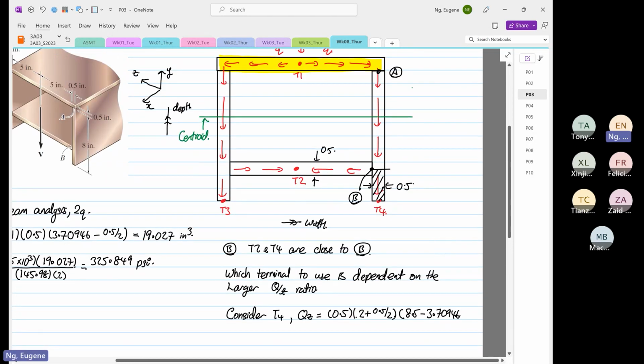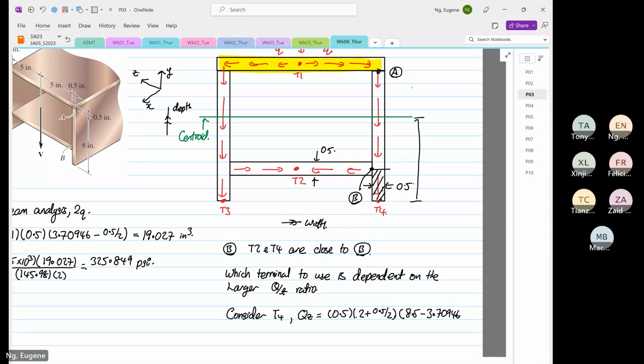So what we have done is we have found this distance over here, right? So the entire depth is 8.5, right? And then the centroid from the top, that's why we do the minus 3.70946, right?